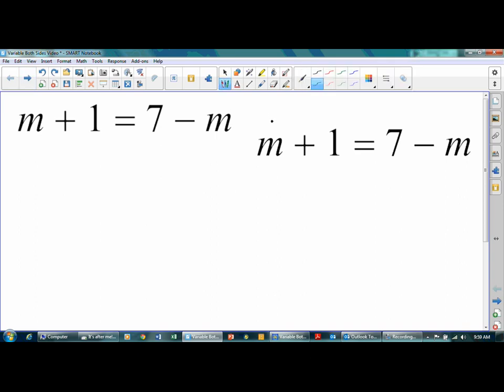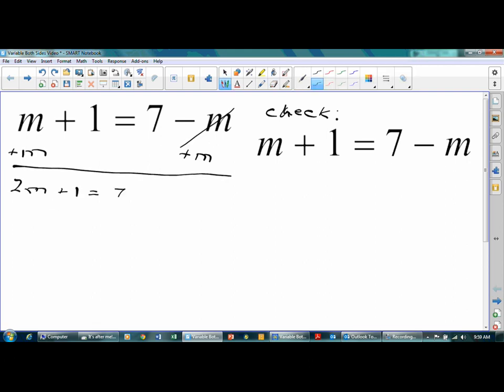Okay, and then the most basic, my nice horrible handwriting. Okay, I'm going to add 1m to each side. That gives us 2m plus 1 equals 7.